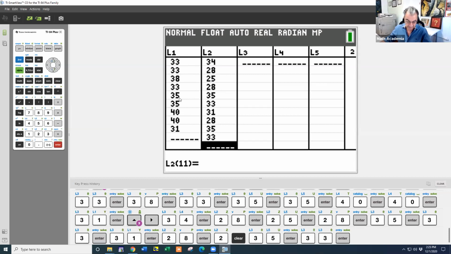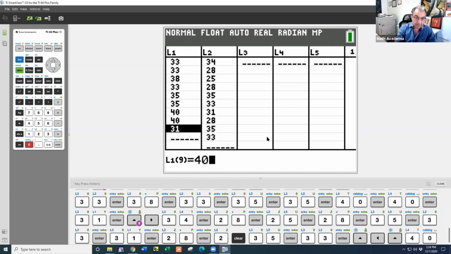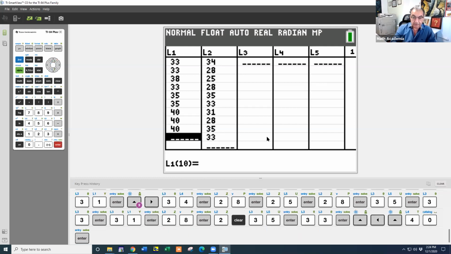We have that 35, 35. We have that 35, 33. We have that 40, 31. We have that. Then we have 40, 28. Then we have another 40. I missed another 40 here. That's not a problem. So you put 40, another 40, and 35. And finally, we have 31. So 1, 2, 3, 4, 5, 6, 7, 8, 9, 10.